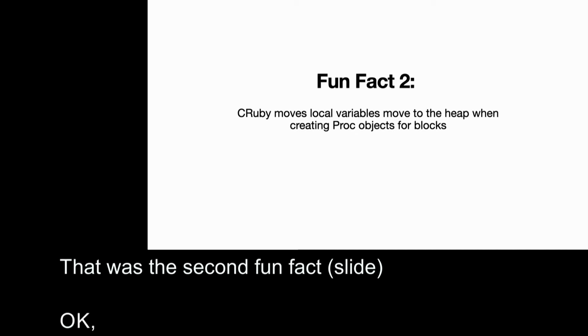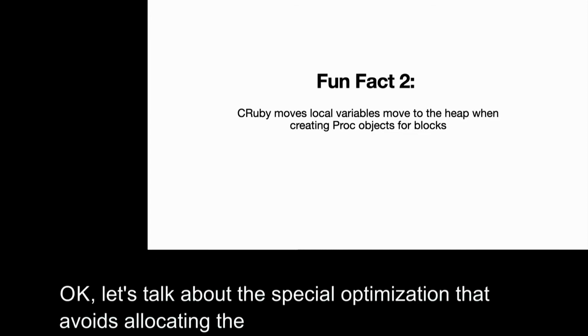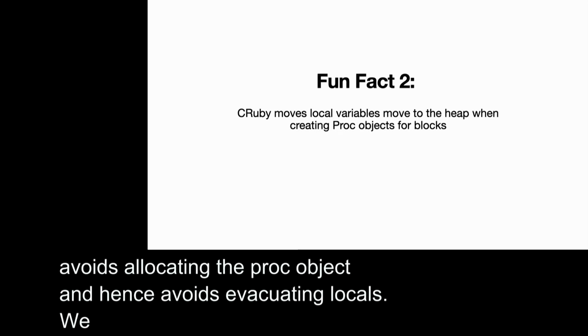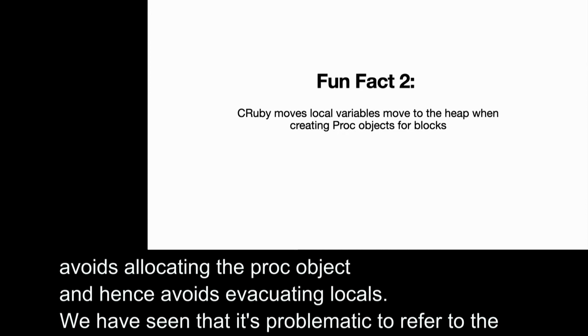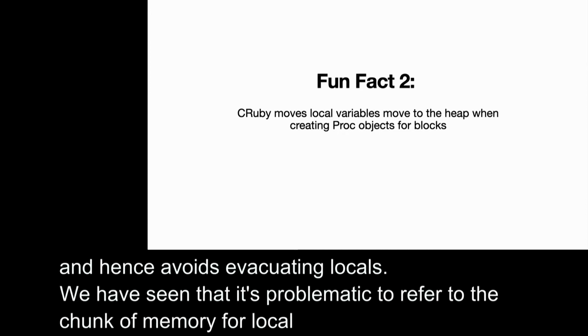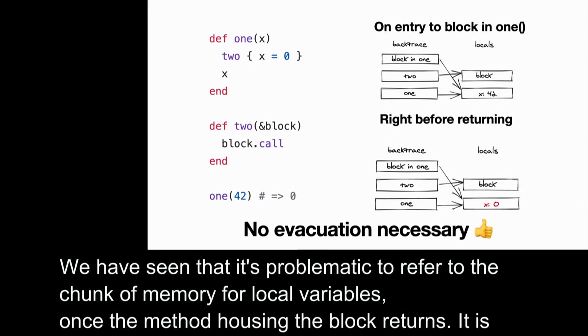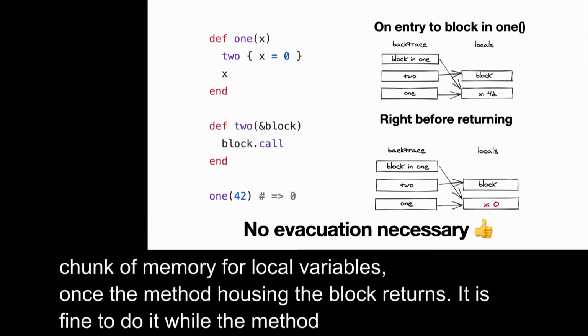Okay, so let's talk about the special optimization that avoids allocating the proc object and hence avoids evacuating locals. We have seen that it's problematic to refer to the chunk of memory for local variables once the method housing the block returns. But it is fine to do it while the method is still running.